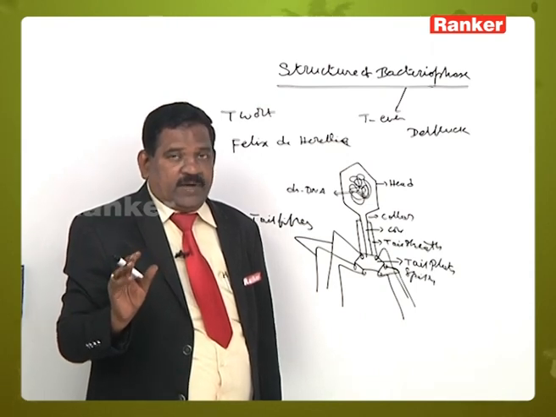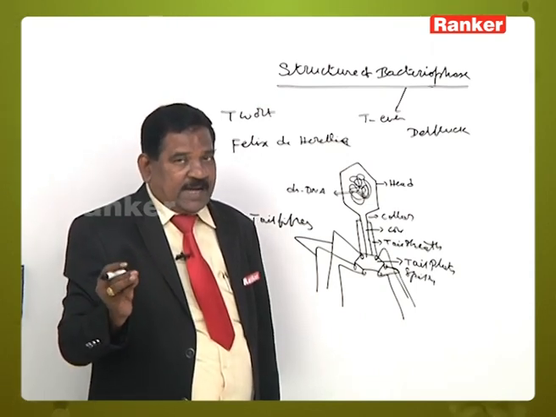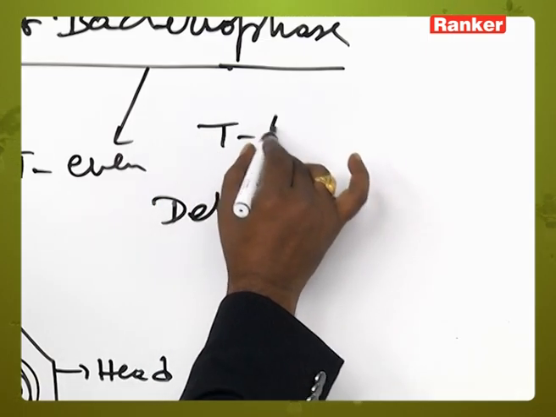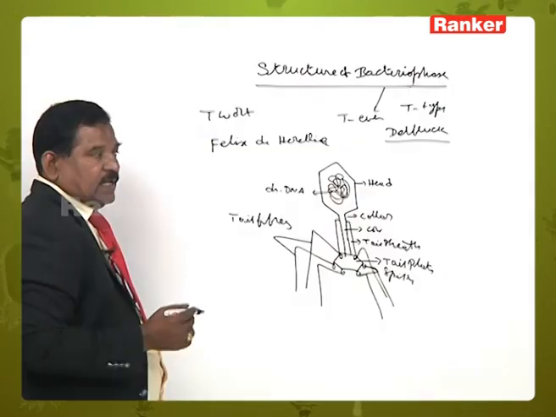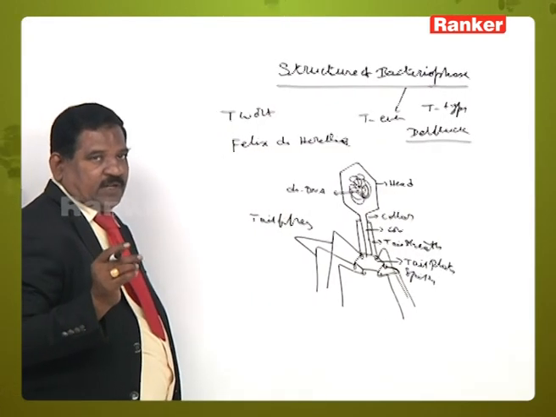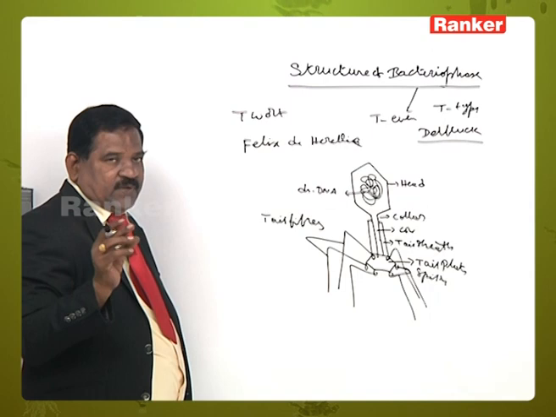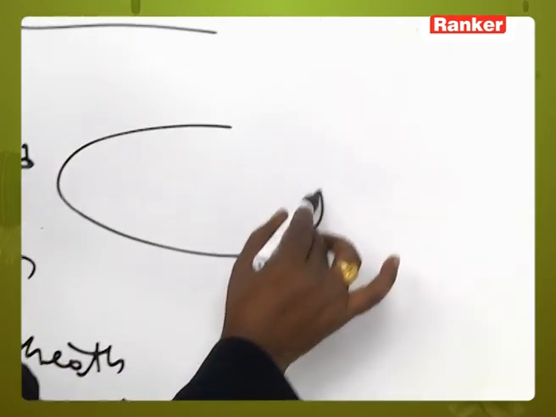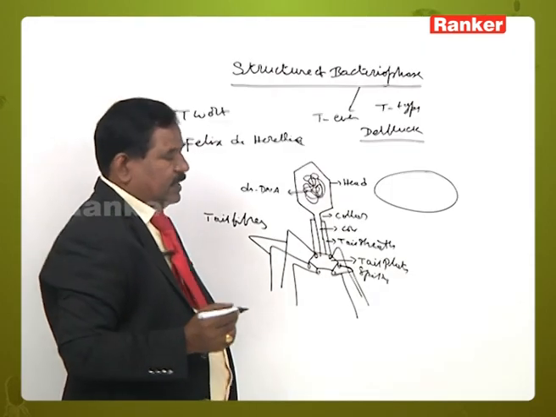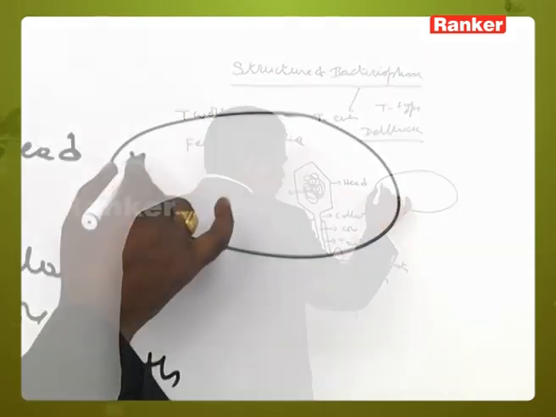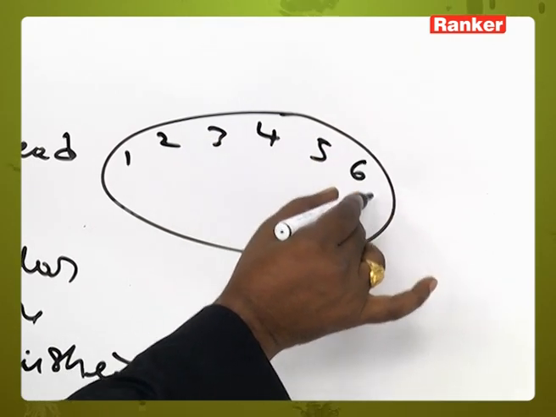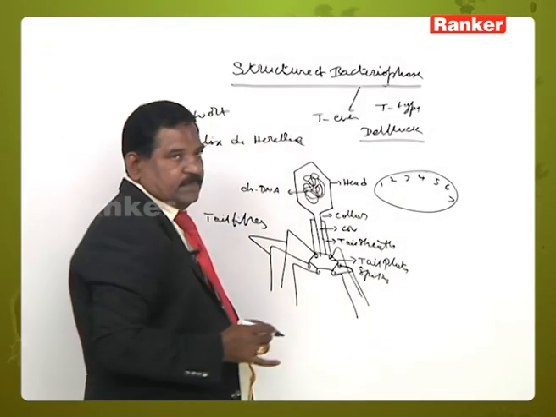Those bacteriophages that attack bacteria he named T-type. He gave numbers to the surface sites, 1, 2, 3, 4, 5, 6, 7 like this.